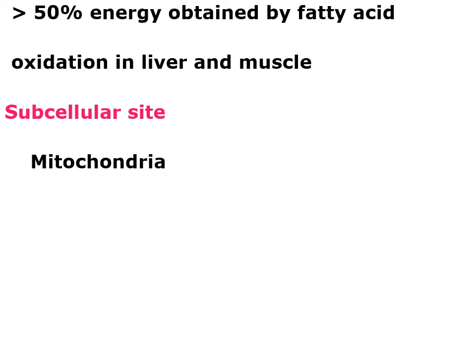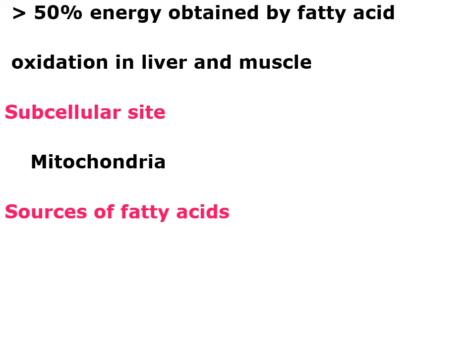More than 50% of the energy obtained by fatty acid oxidation is in the liver and muscle. Where exactly in the subcellular site? Beta oxidation proper takes place in the mitochondria.